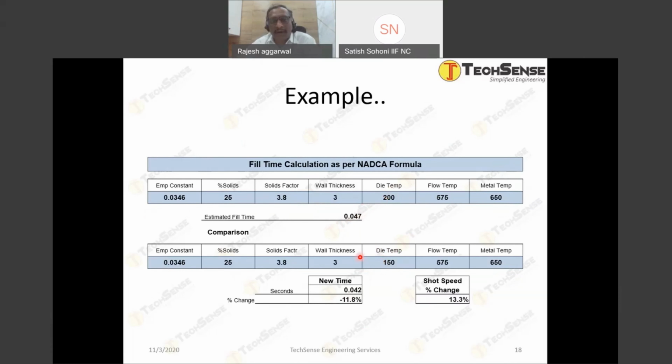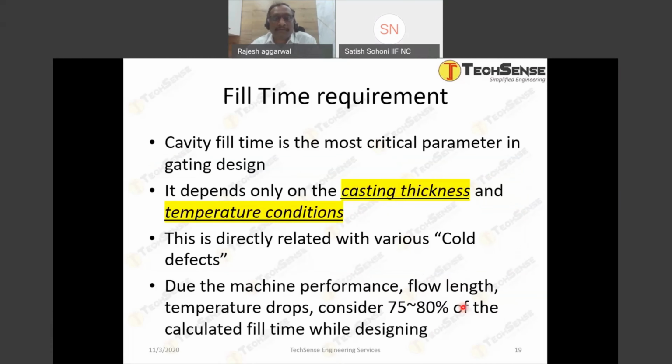The fill time requirement is about 12% less than the original requirement. So it is less. As the fill time required is less, an increase in the shot speed is required, which means the plunger should move faster to be able to give the same results. That is just for indication. As we go along, we'll understand more in detail.